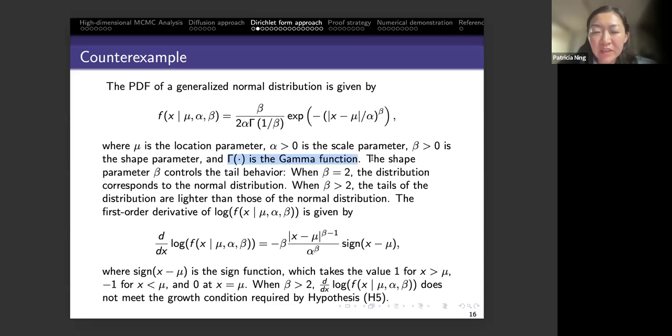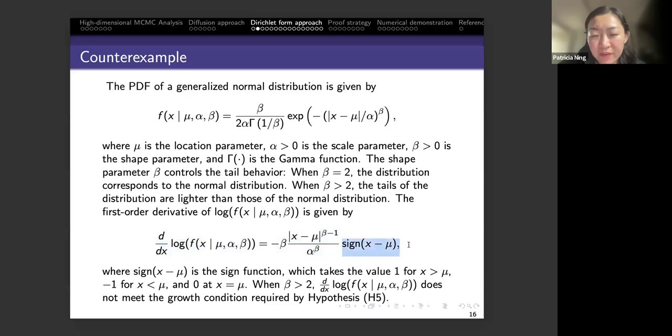The shape parameter controls the tail behavior. When beta equals 2, this form is exactly the normal distribution. When beta is bigger than 2, the tail of the distribution is lighter than that of the normal distribution. The first order derivative of the log density is given by this form.